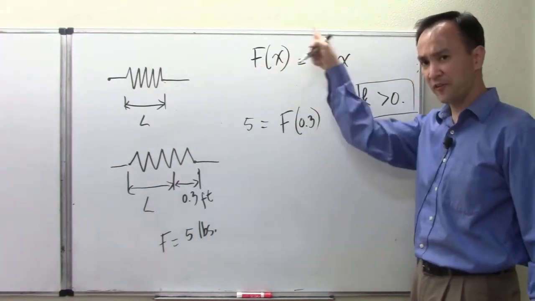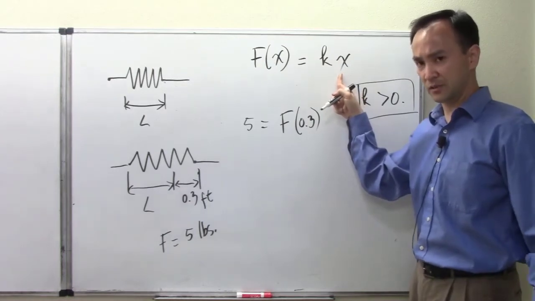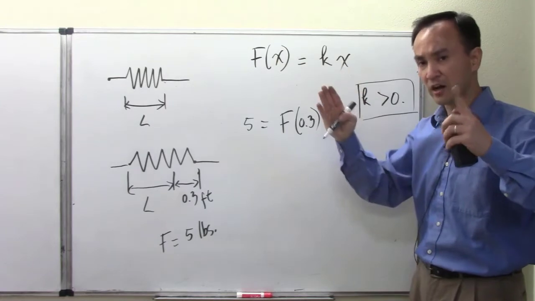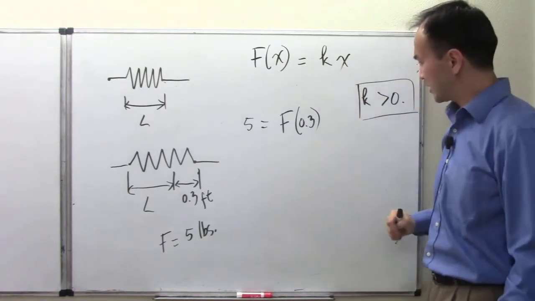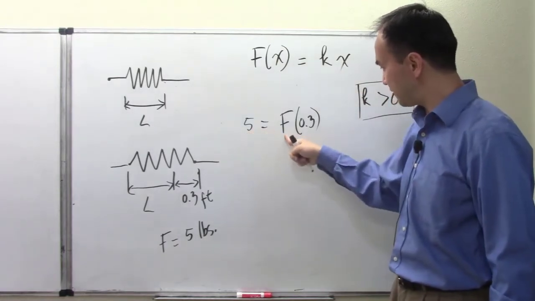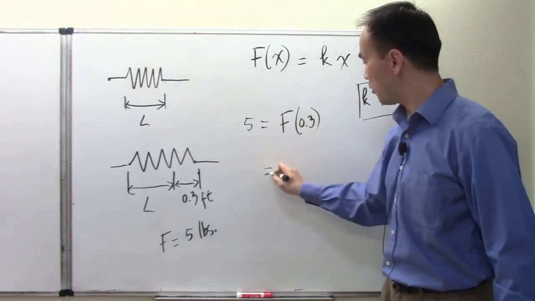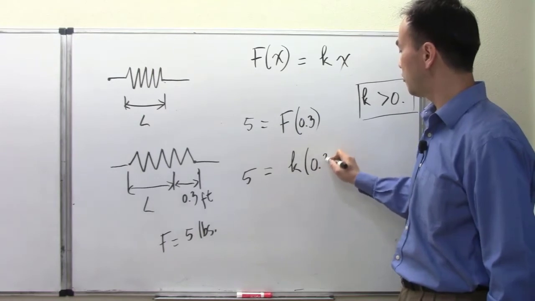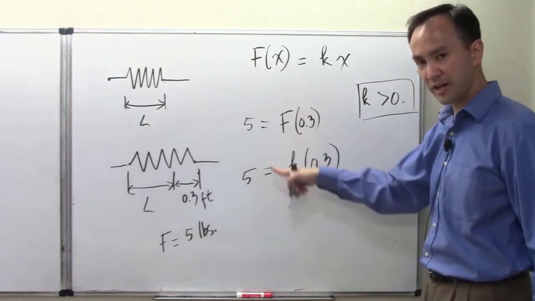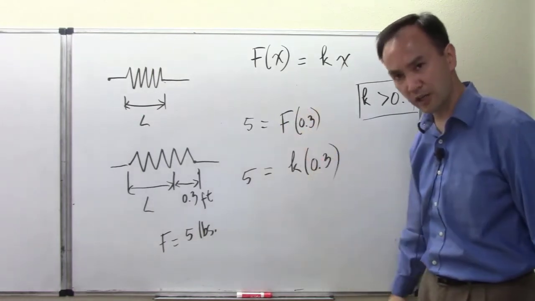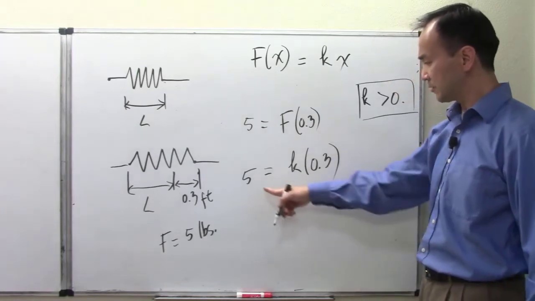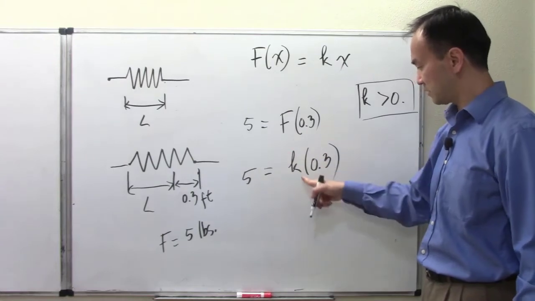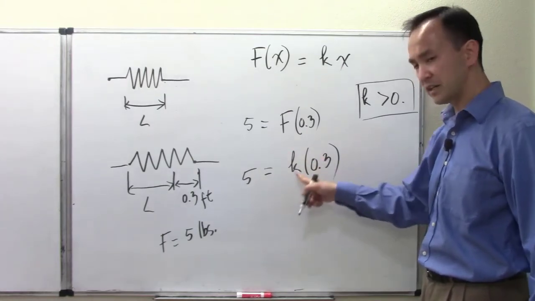Force is a function of x, representing the distance beyond its length. So 5 equals F at 0.3. But F at 0.3 is the same as k times 0.3. On the right-hand side of this equation, it's all about Hooke's law. So 5 is the amount of force required, equals, according to Hooke's law, 0.3 times the spring constant.